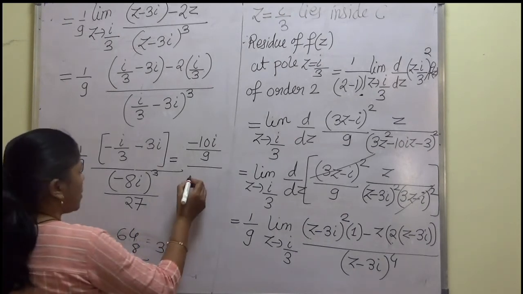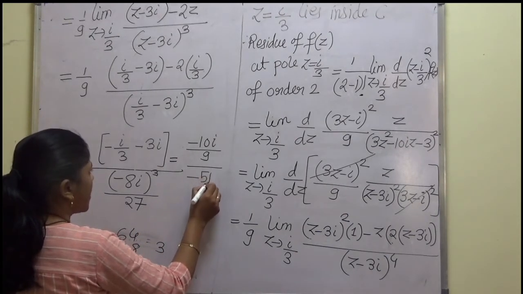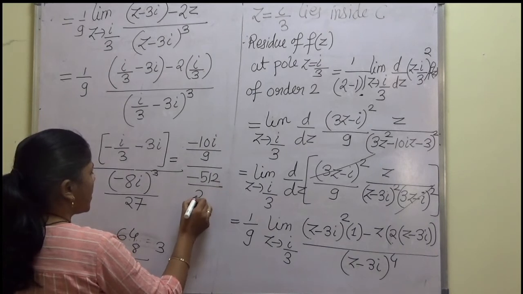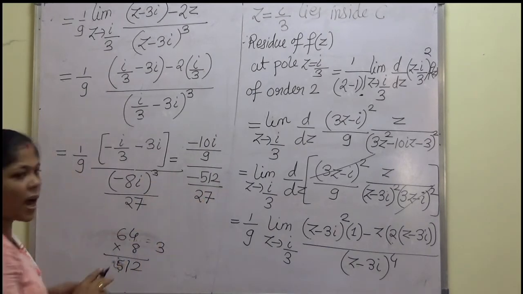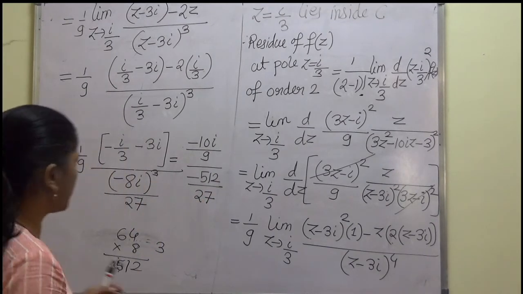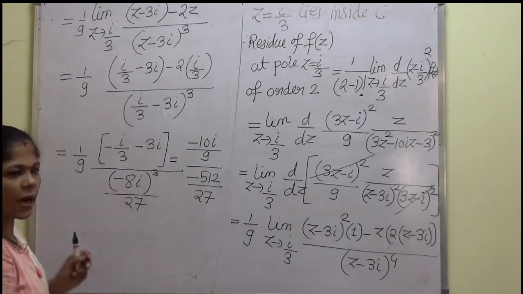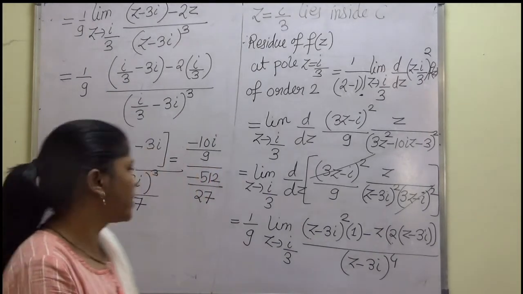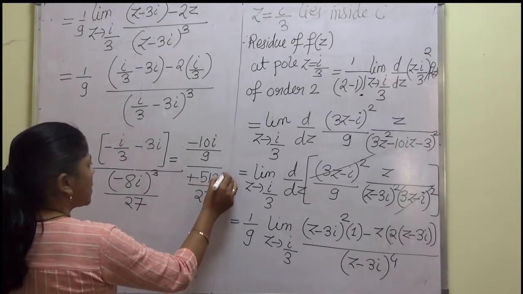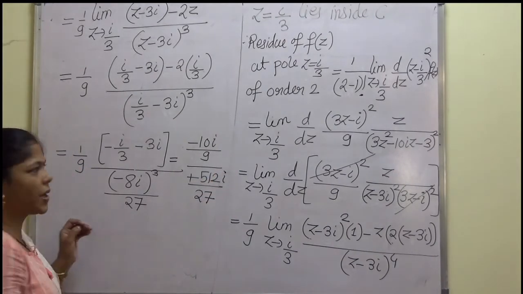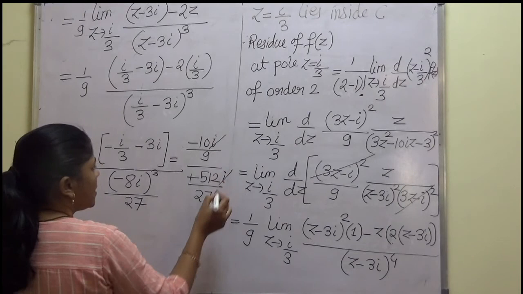So we have in the denominator minus 512 upon 27 and i cube. What is i cube? i cube is nothing but minus i. So it is plus i. So this i will get cancelled.